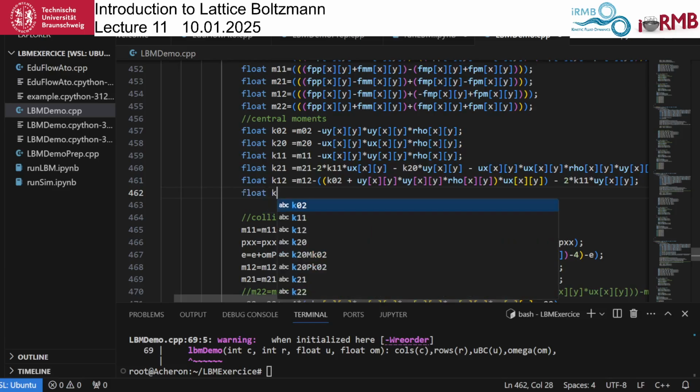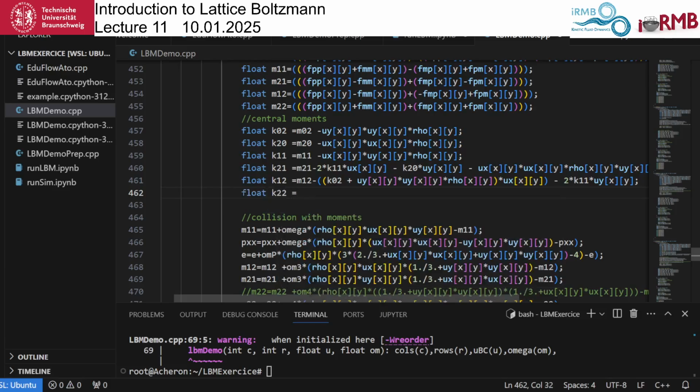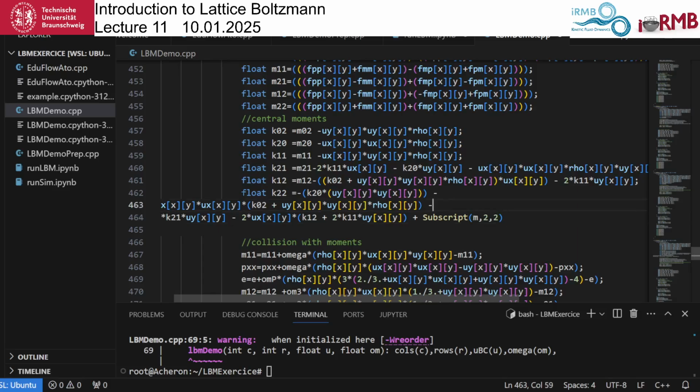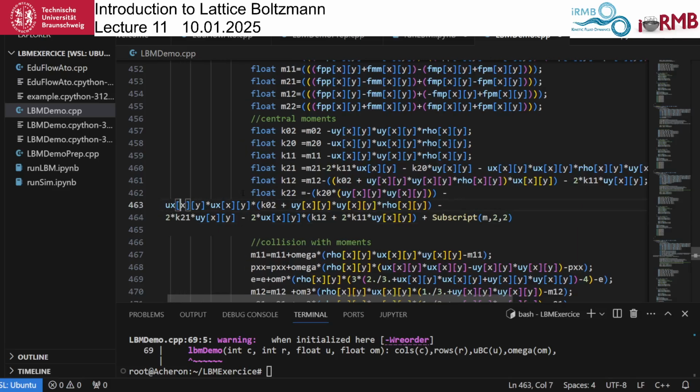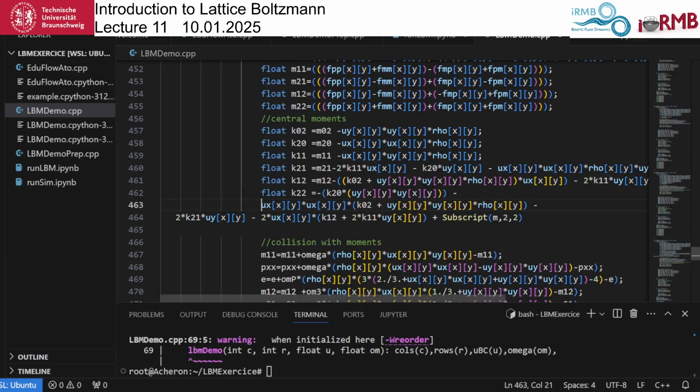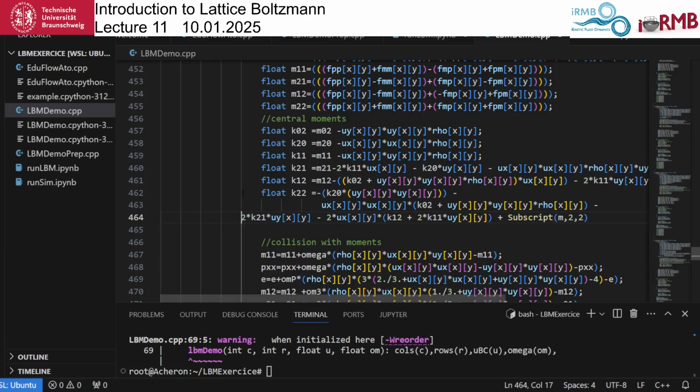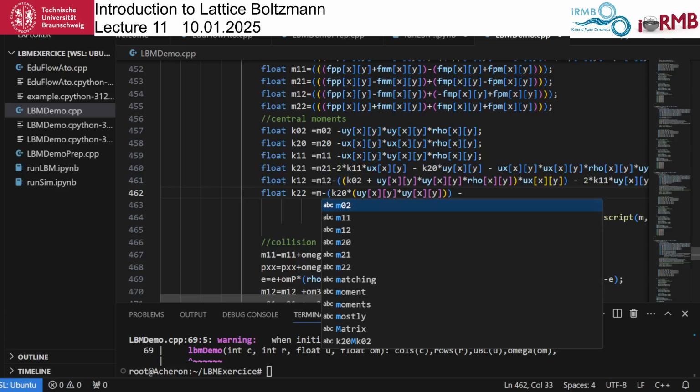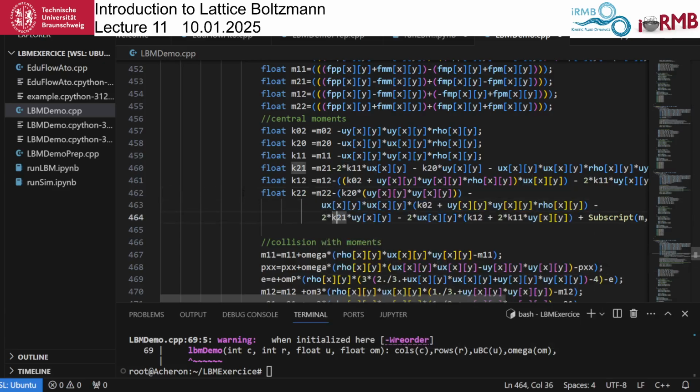Float K22 equal to zip. Then we have here subscripts blah. This is M22 here. This is what it did not properly translate.